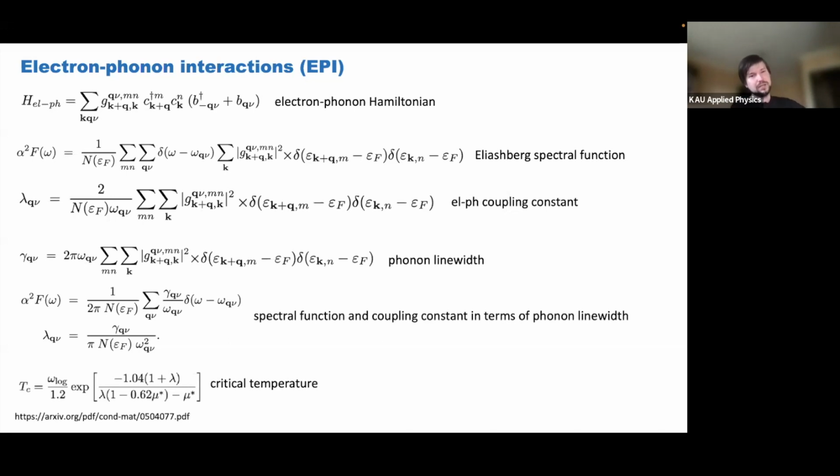But then from the matrix we get some constants, and I showed a few things here which we will calculate, and here we have this electron-phonon coupling constant. I think this is the constant you mean.